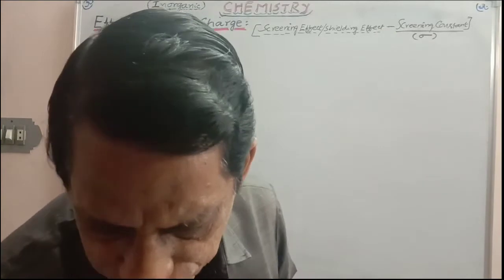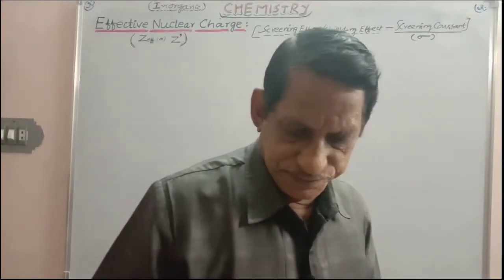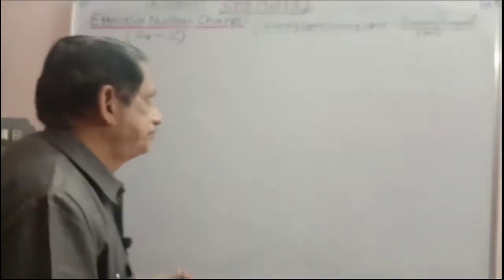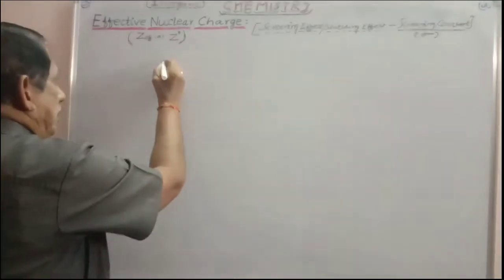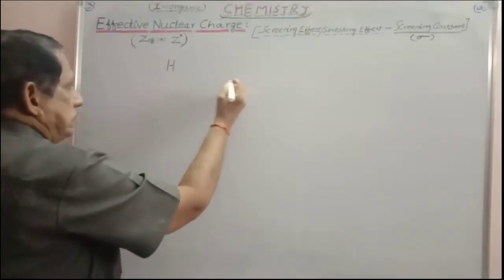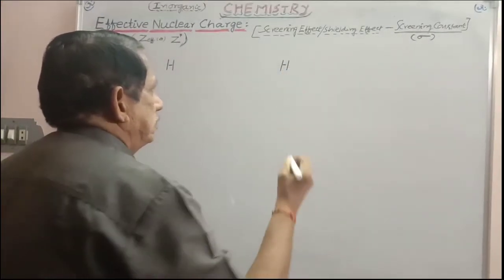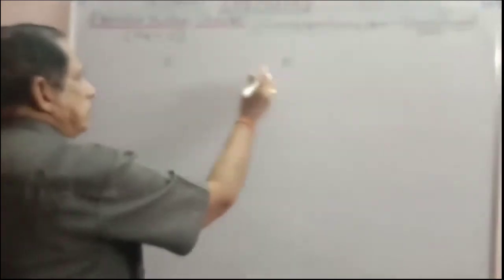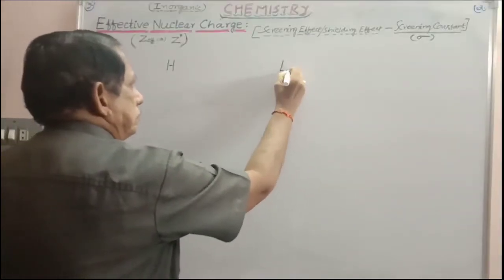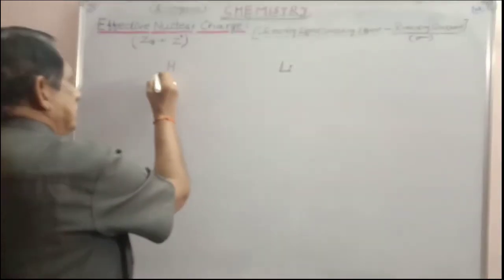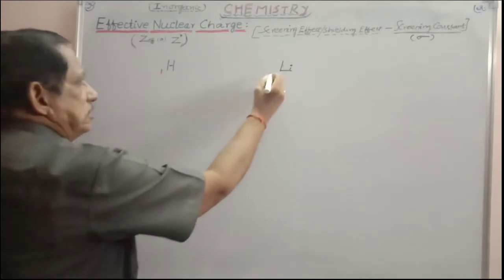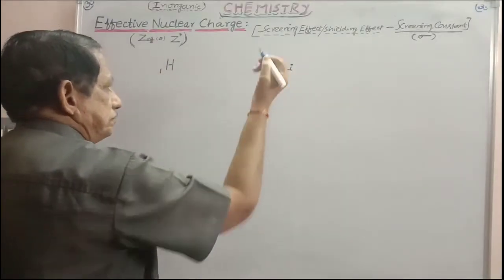Before that, I will consider an example to have an understanding. Hydrogen and lithium. Hydrogen atomic number 1, lithium atomic number 3.